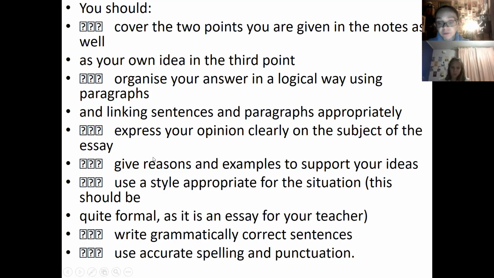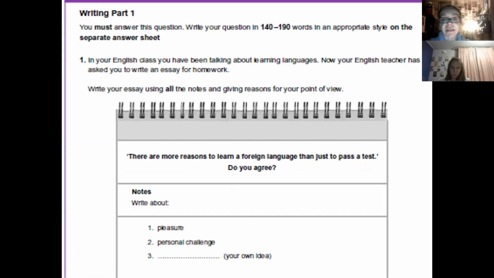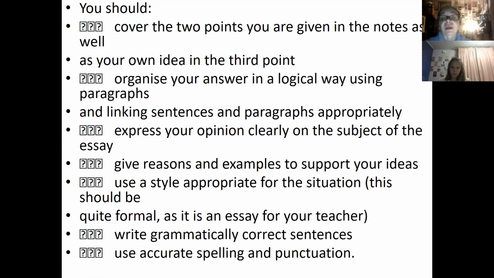So, for instance, you might say that learning languages is a pleasure, and you should support your idea. Like, what kind of pleasure is it? The style should be semi-formal, I would say. It depends on the reader, but the reader here in task 1 is always your teacher, the examiner.